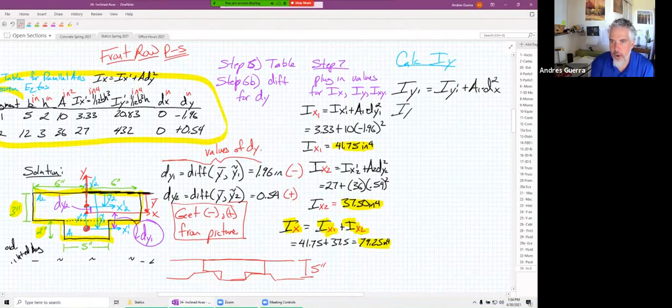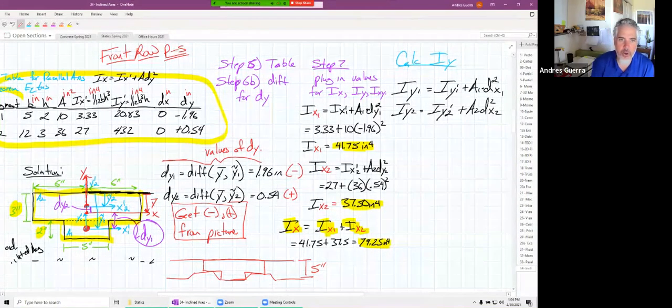IY2 would be equal to IY prime 2 plus A2 times d sub x2 squared. All those values live in our table over here, so we can find this IY1.